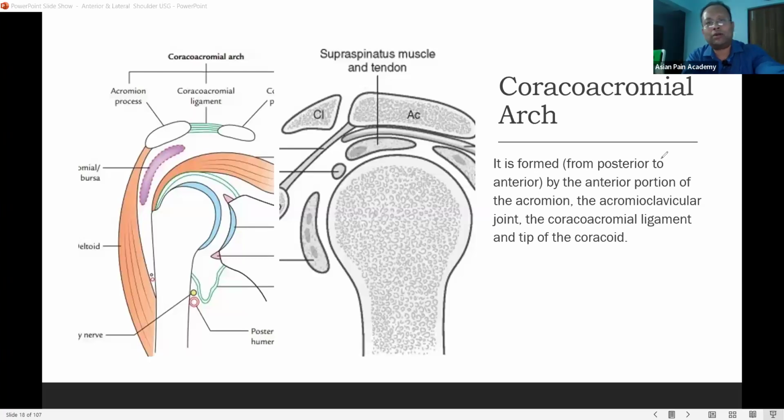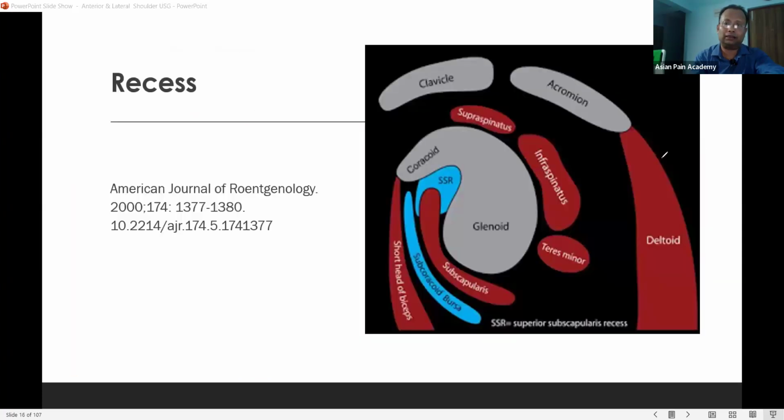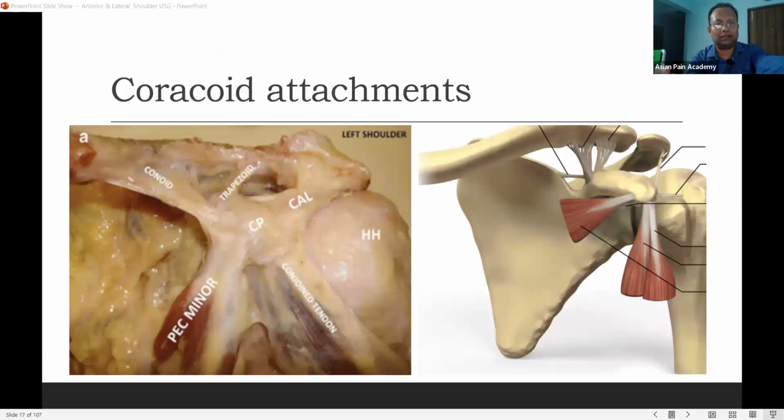One more important thing is the coracoacromial arch. So let us see from this picture. We have understood that this is the coracoid, this part is the acromion, this part is the clavicle.